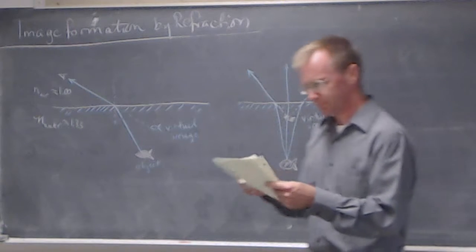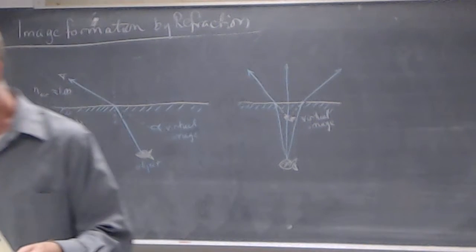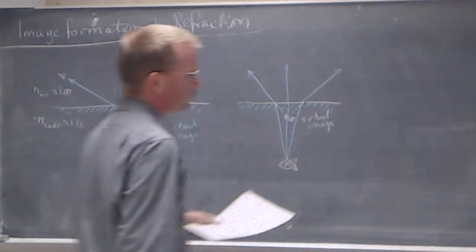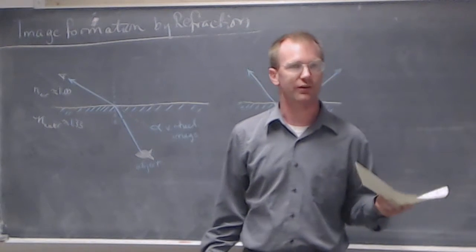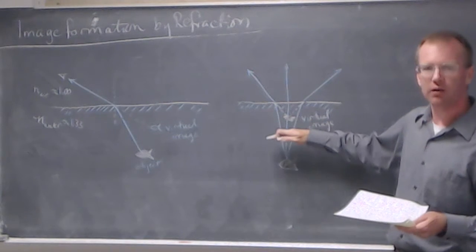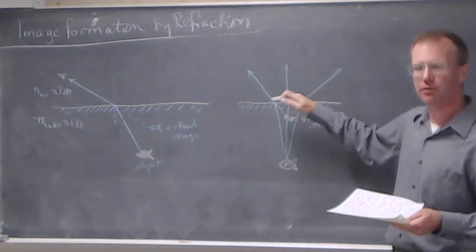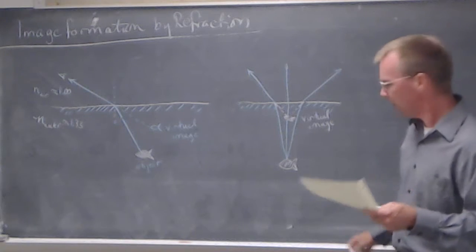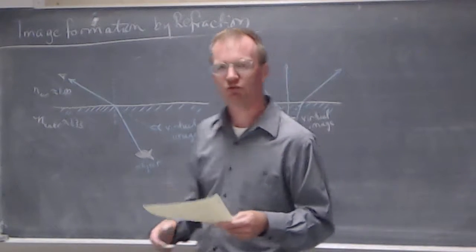All right. That's where the phrase still water comes from. While it's metaphorical, it's talking about the appearance of the bottom of a creek appearing to be much shallower than it really is. All right, now let's talk about the dispersion of color.